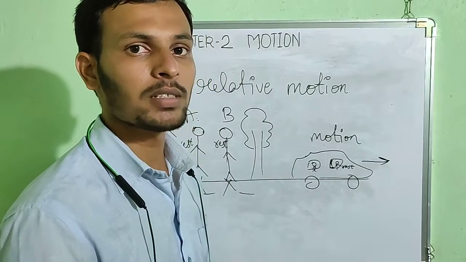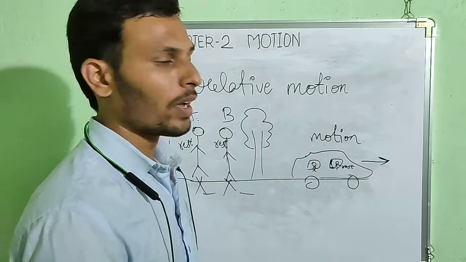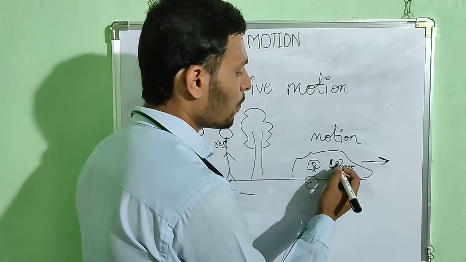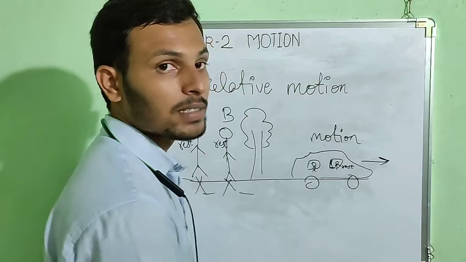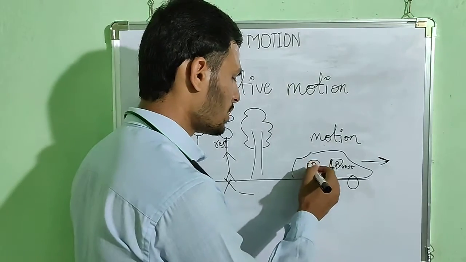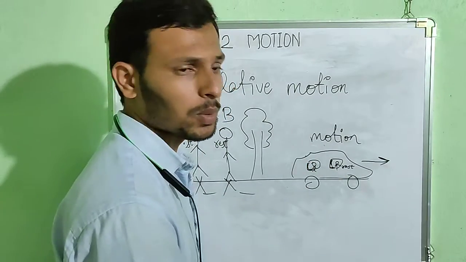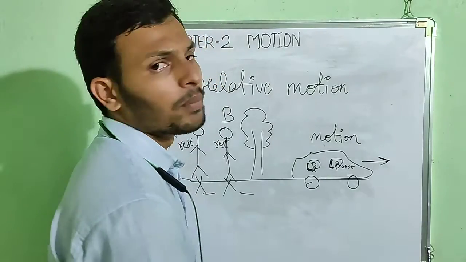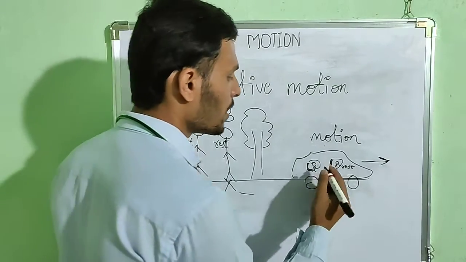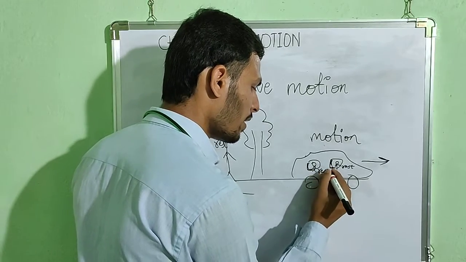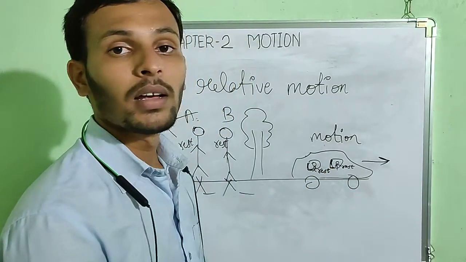Similarly, if the driver observes the passenger with respect to some seat over there, the object is not moving. It's stable at his position, which means he is also at rest.